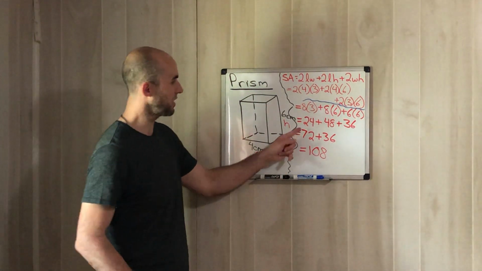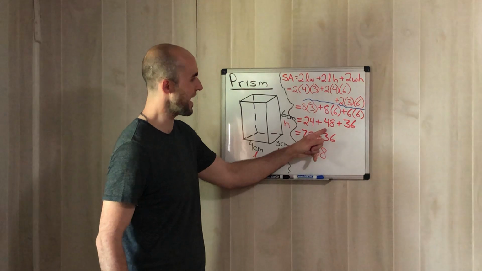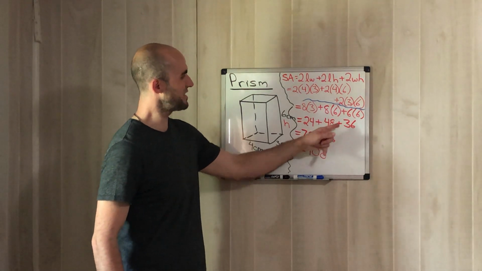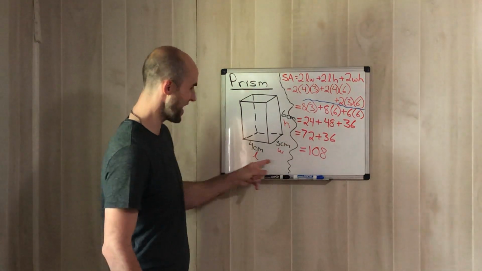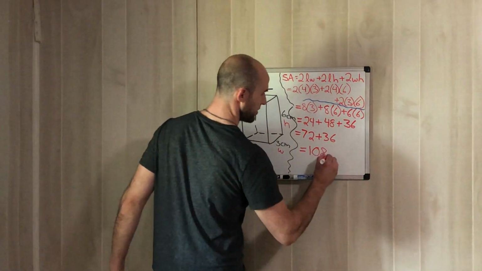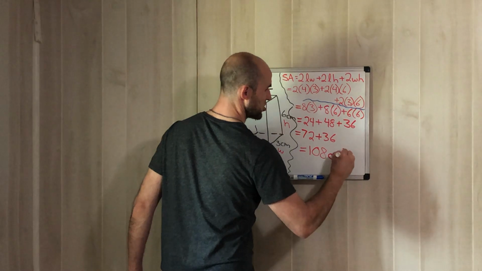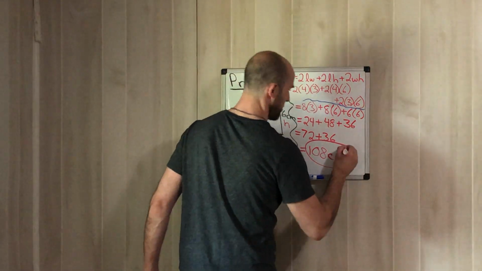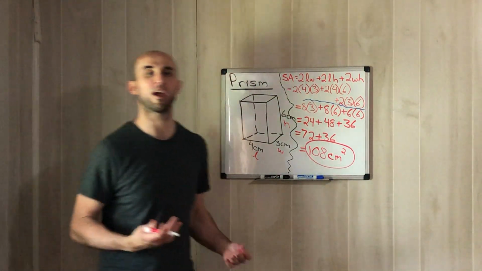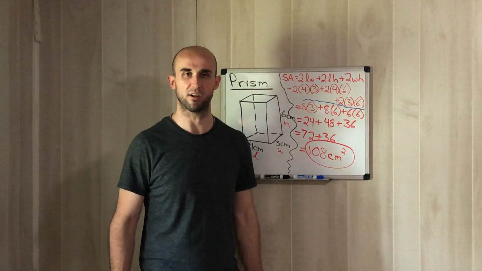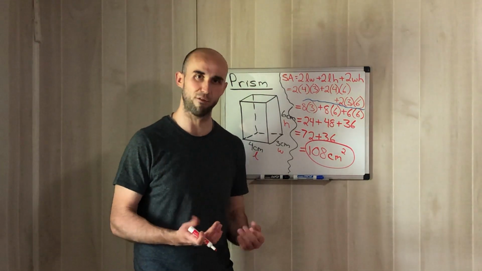And all I did again, I just added the 24 plus 48, which gave us 72. 72 plus 36, 108. And then it's centimeters. And since it's surface area, it's going to end up being squared. 108 centimeters squared. And don't forget, whenever you're dealing with surface area, it's always squared, because surface area is always what's on the outside of a figure.